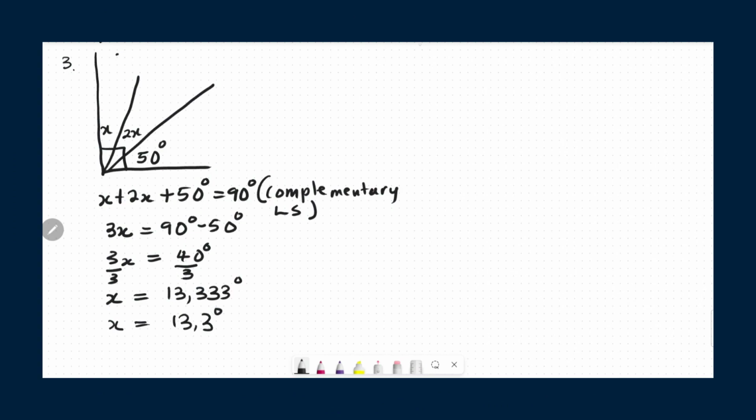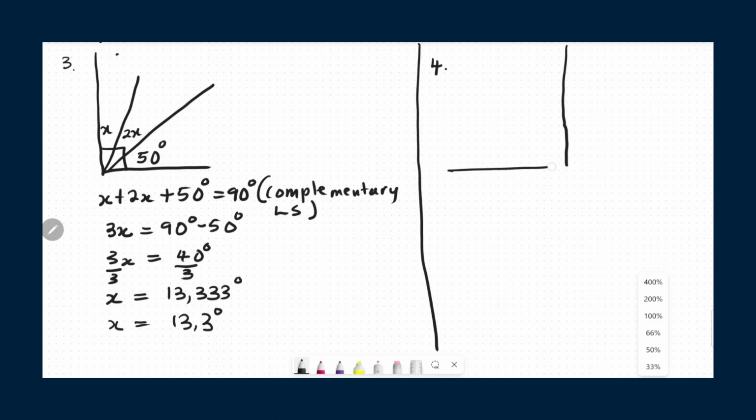The last example that I'm going to give is slightly different. Number 4. I'm going to draw my perpendicular lines like this.